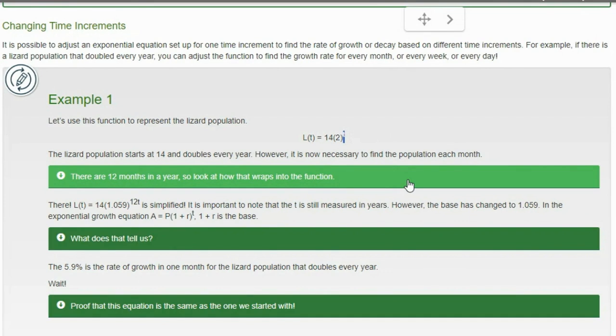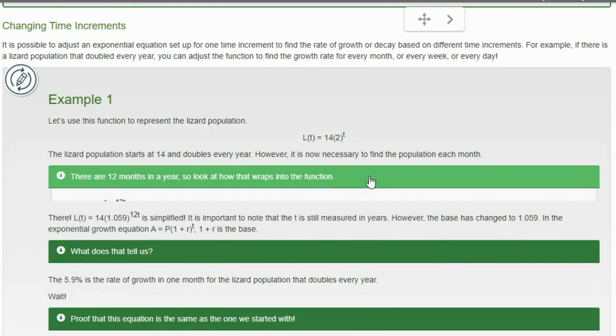Let me get another sheet of paper for the time change. Here's another thing they want us to be able to do. If we have these lizards over time, they start with 14 lizards and double every year, and we want to be able to find the population every month.